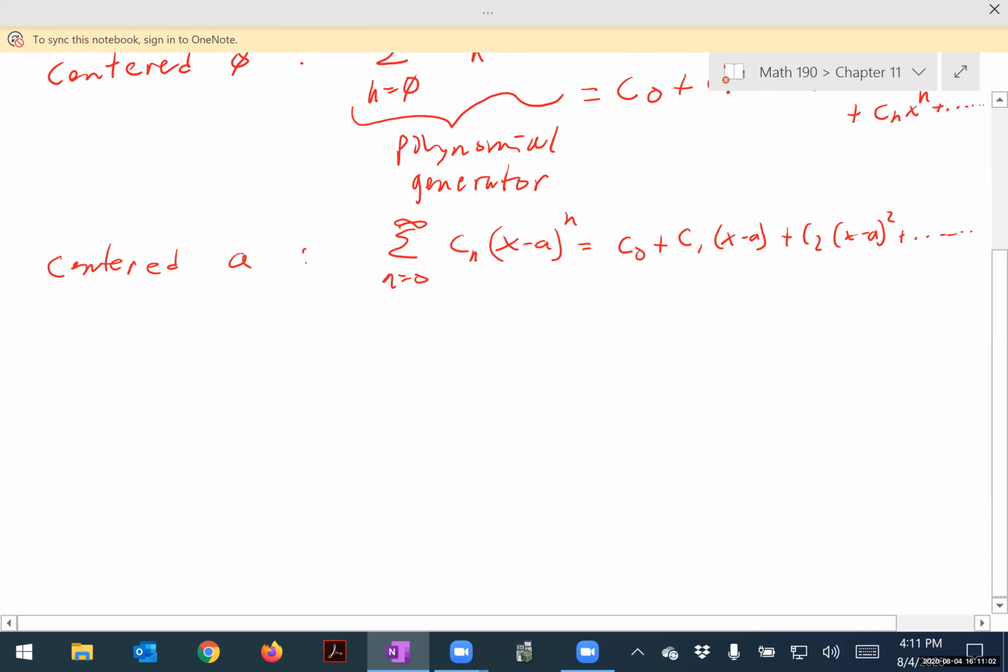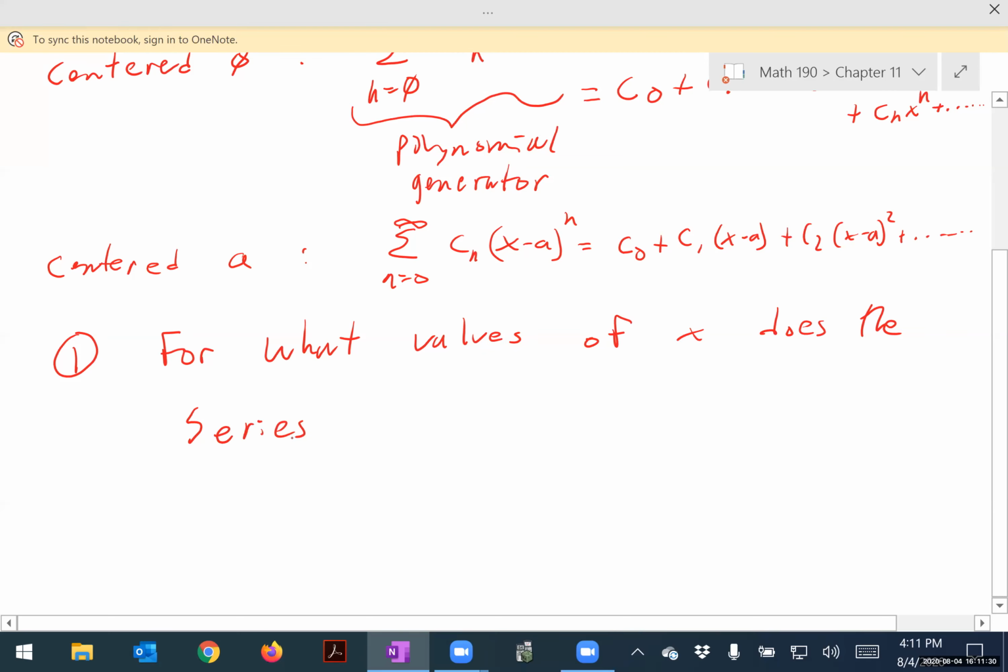Number 1: for what values of x does the series, summation n equals 0 to infinity of n factorial x to the nth, converge?